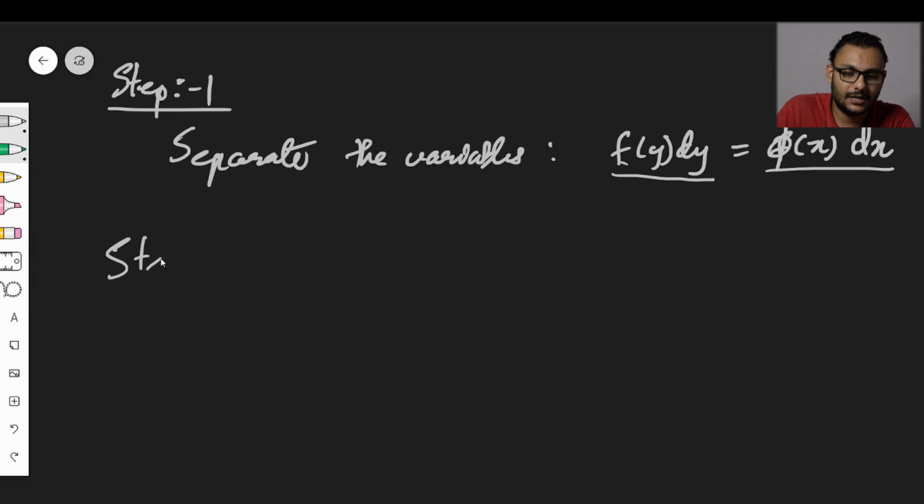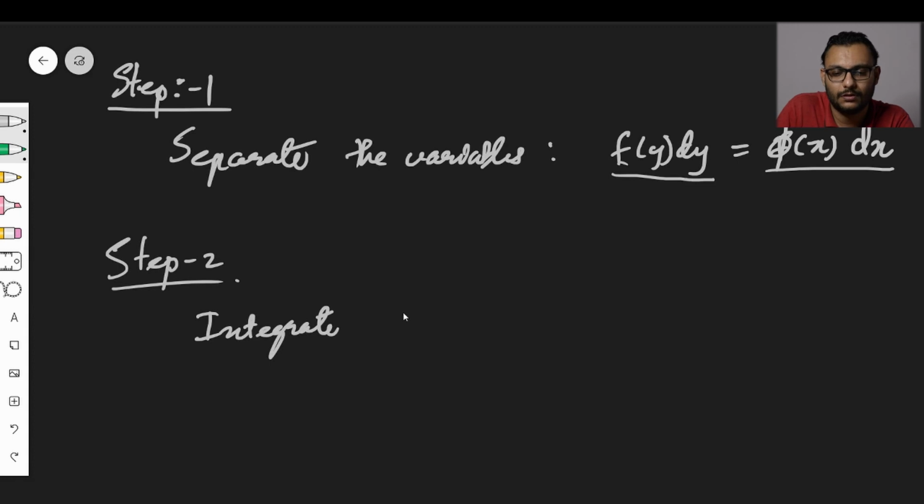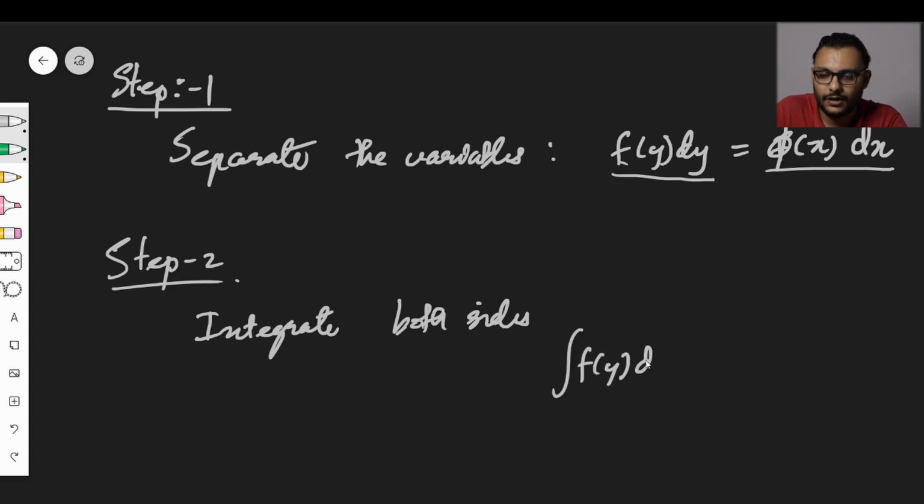In step number 2, we will integrate both sides. So simply we will do integral f of y dy equal to integral phi of x dx. Keep in mind that on the left hand side we are integrating in terms of y and on the right hand side we are integrating in terms of x.